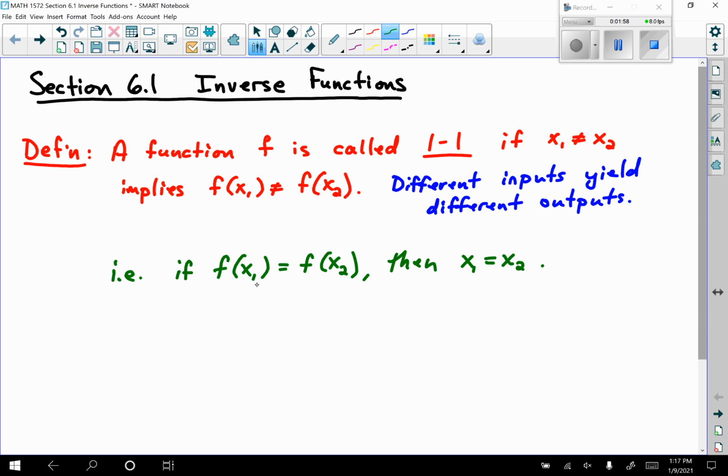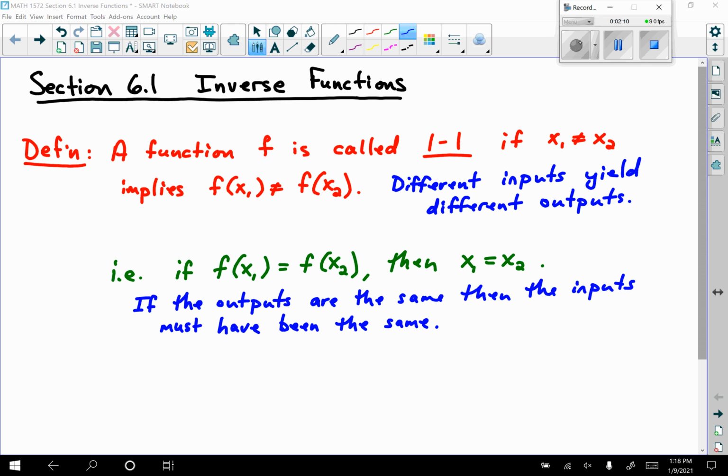So if f of x sub 1 is equal to f of x sub 2, then x sub 1 is equal to x sub 2. So in other words, if the outputs are the same, then the inputs must have been the same. So I would definitely copy that down. It's just a different way to describe this. If the outputs are the same, then the inputs must have been the same.